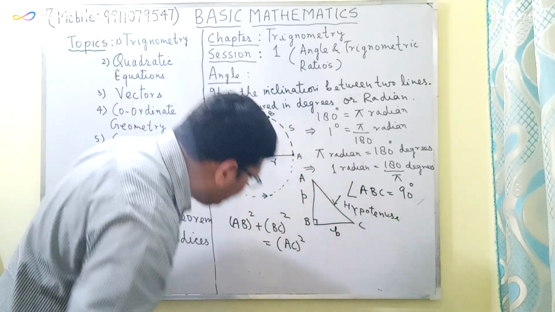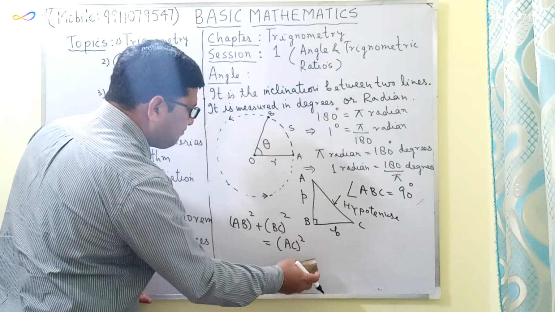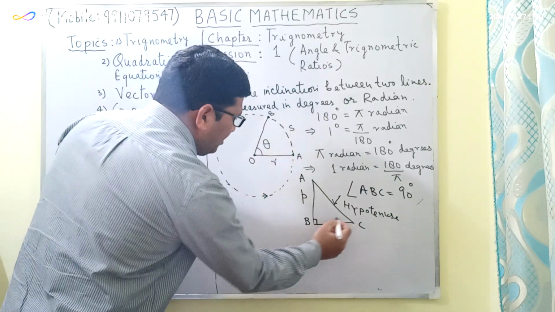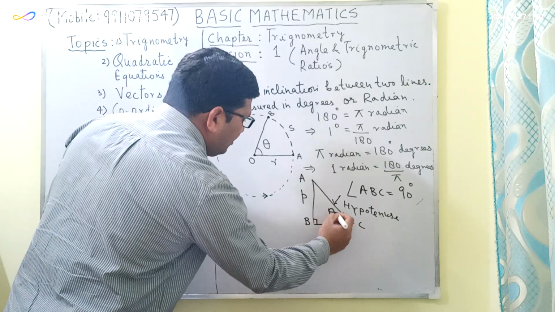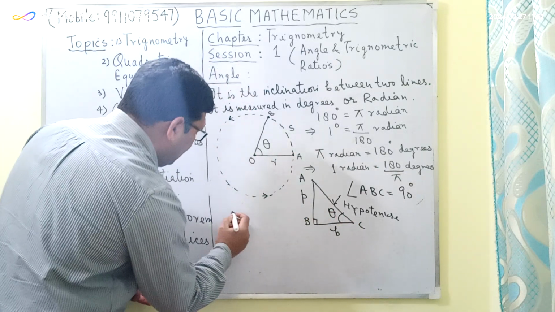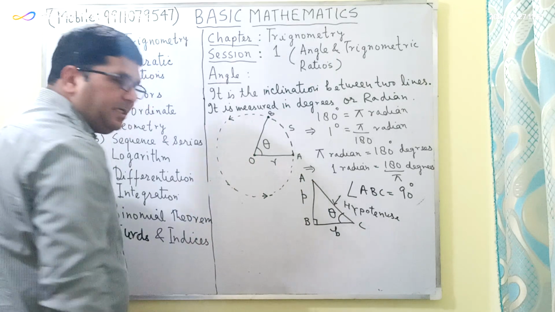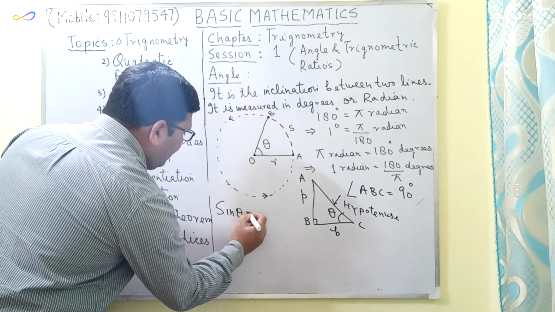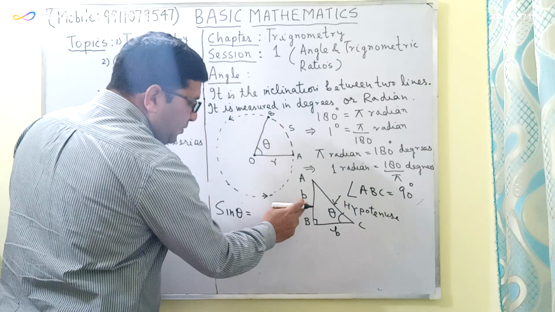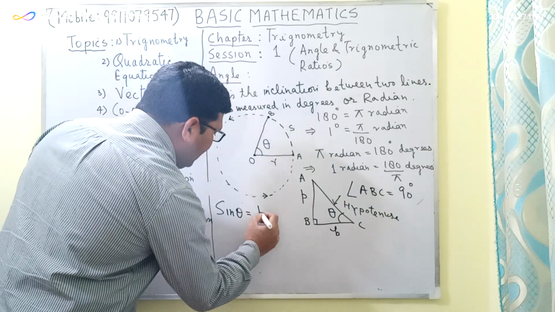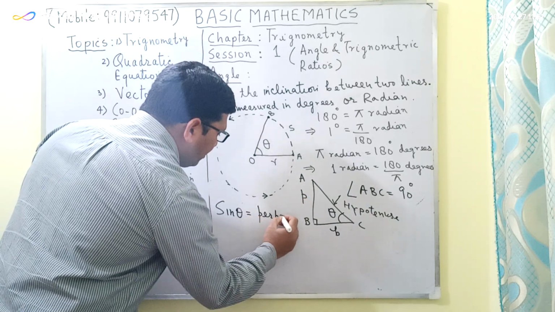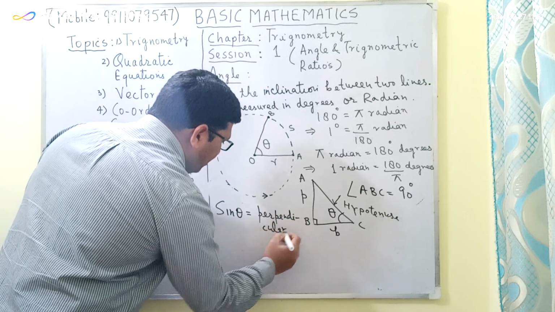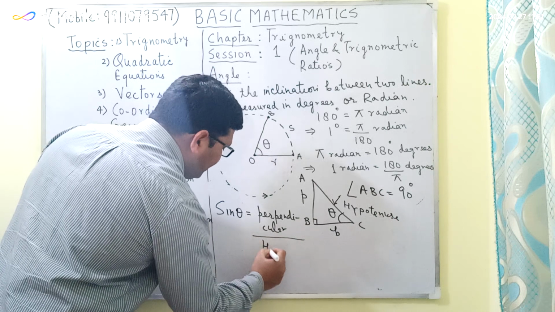Now let us say this is an angle theta. So there are three important trigonometric ratios, that is sin theta. The sin theta will be equal to perpendicular divided by hypotenuse.